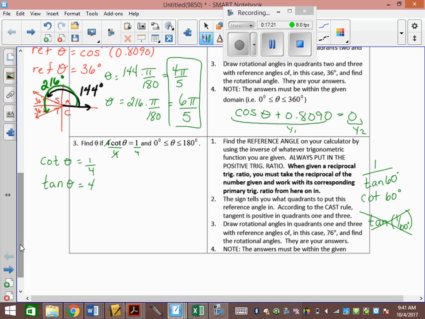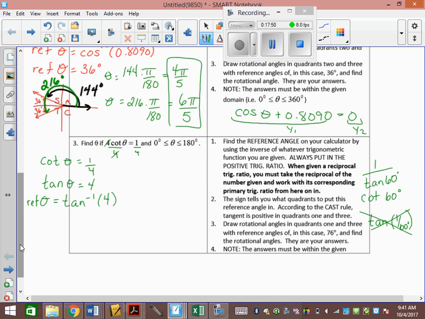Now we can just do the same work we did before. We want to get a reference angle. So we take tan inverse of the angle. So reference theta equals tan -1 of +4. It just happens to be a +4, so that's great. If it was a -4, we'd still do +4. I would have my calculator in degree mode, because I would want my reference angle in degrees, plus it's in degrees, the restricted domain.